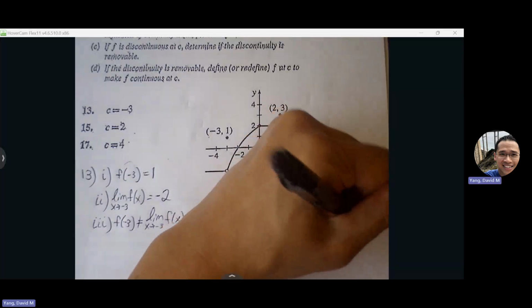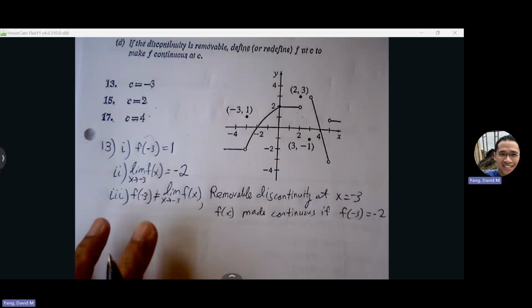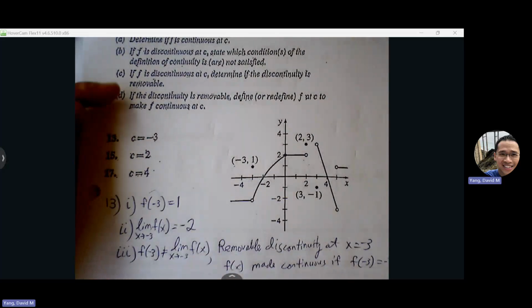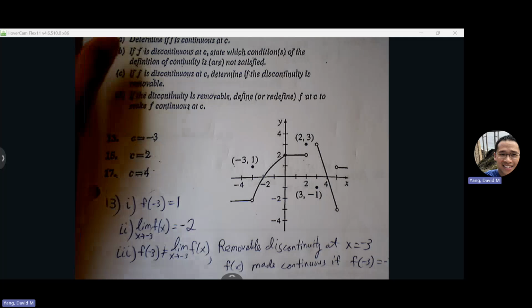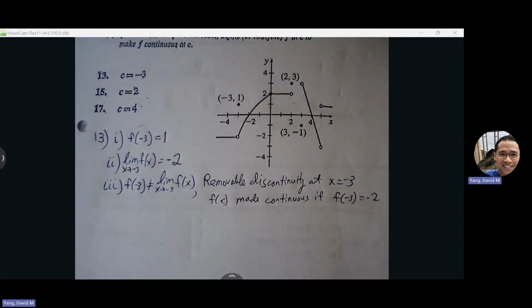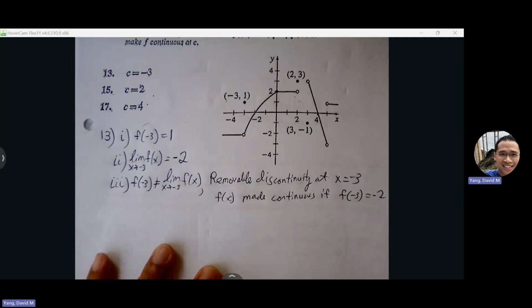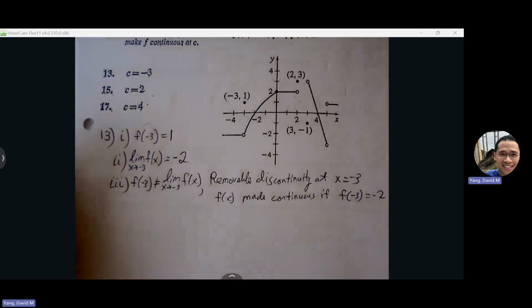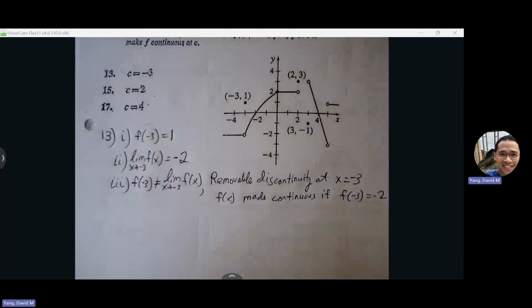Yeah, so we're just redefining it, if possible. If it is non-removable, then we don't have to do parts C and D. We can just stop and say the limit doesn't exist, non-removable discontinuity. Okay, so you'll try a similar process for 5, 15, and 17. I just want to do one from each page here. Okay, page 20.